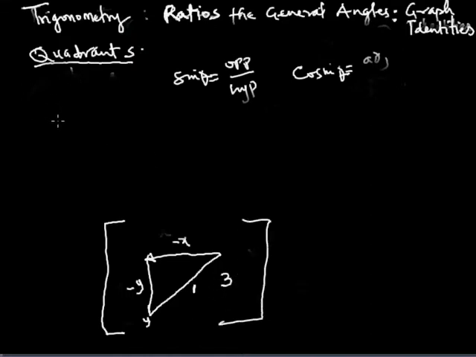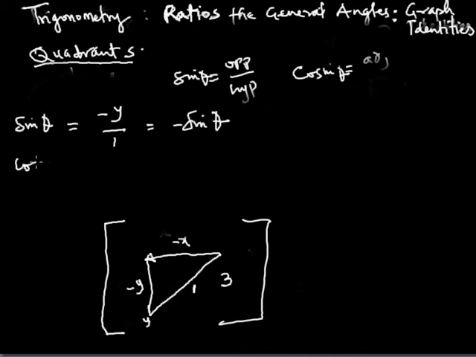To get the value for sine theta, it is minus y over 1, which gives us minus sine theta.